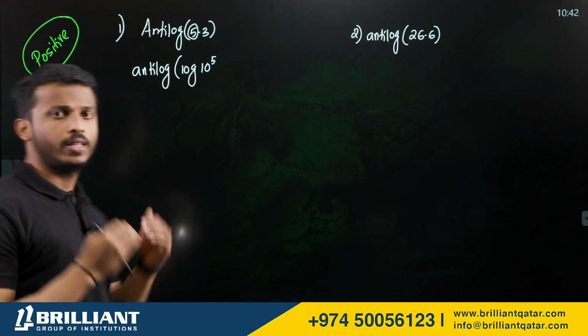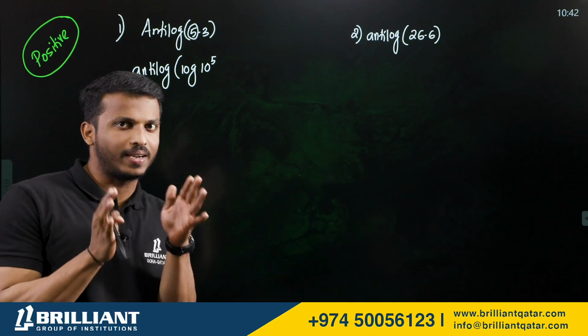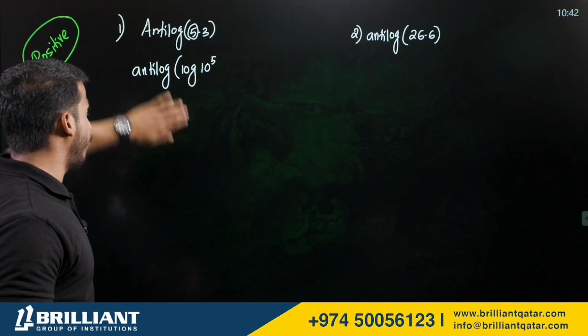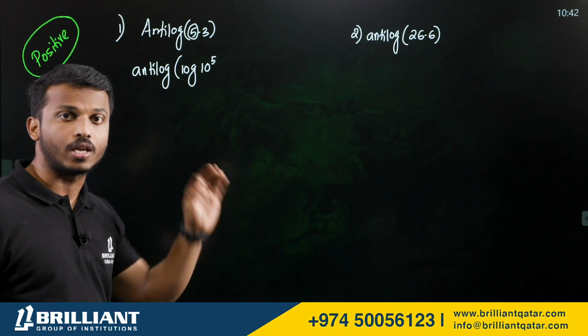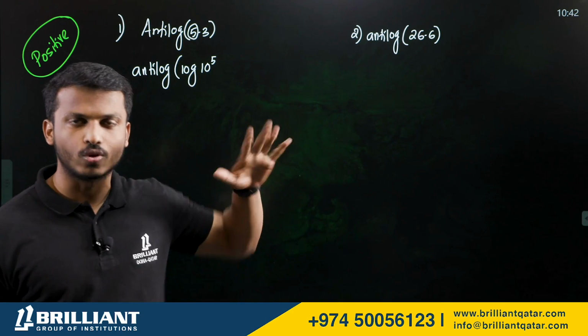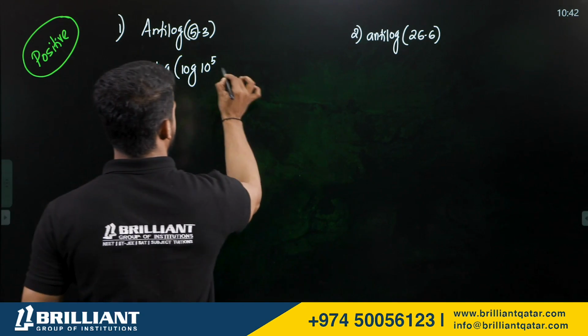Whatever the digit you have before decimal, so dear student, now we are calculating the anti-logarithm of positive values. What the digit you have before decimal, that you write it as log 10 to the power. So before decimal the digit is 5. So let me write it as log 10 to the power 5 plus.